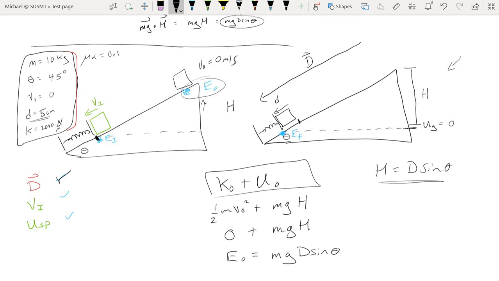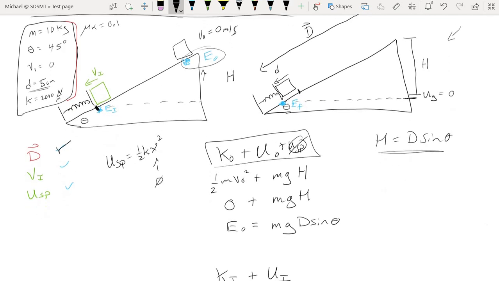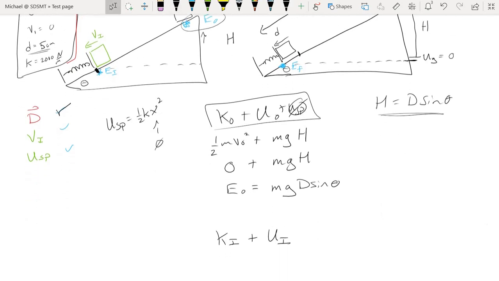Well, the spring is just hanging out at its equilibrium position. And how much potential energy is a spring going to have sitting at its equilibrium position, where x is essentially 0? Well, in that case, the spring potential would be 0, and that doesn't change anything for the energy at E0.